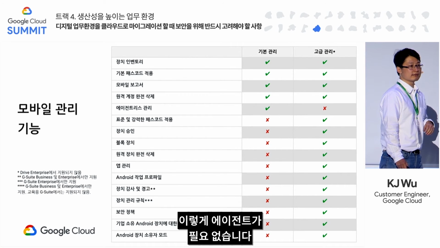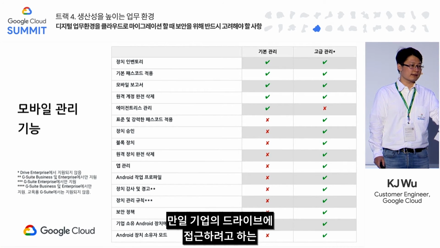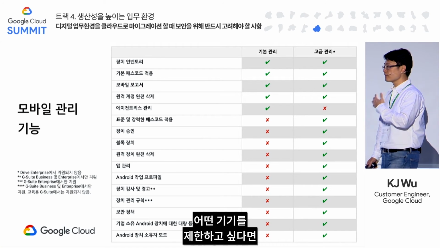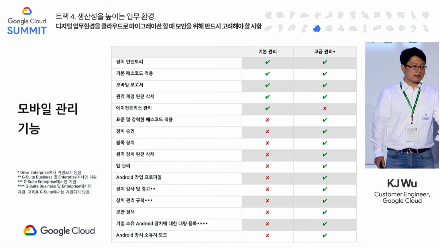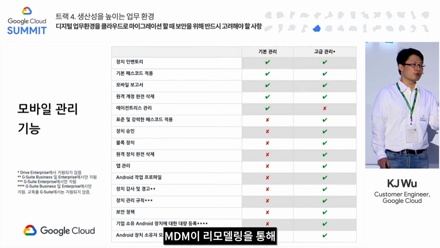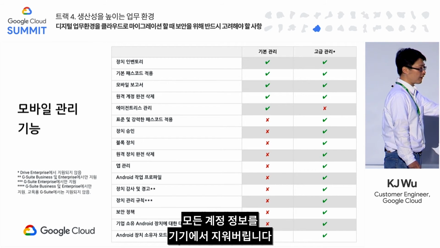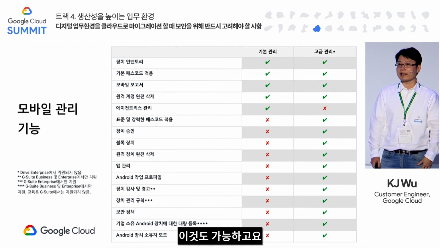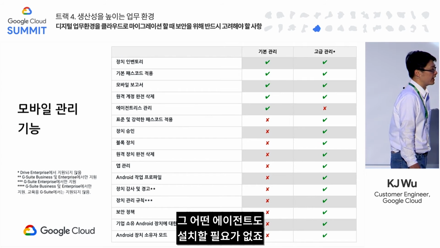No agents installed. If I find out this device should not access our drive or our environment, MDM allows you to remotely wipe all the account data from the phone. You don't need to install any agent.